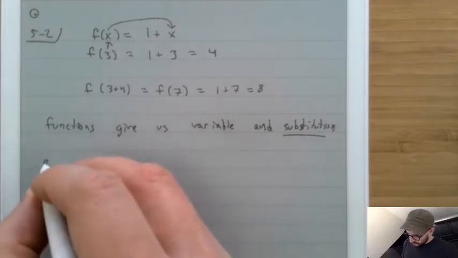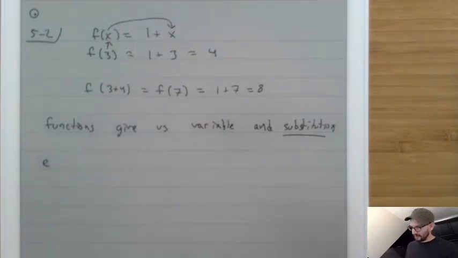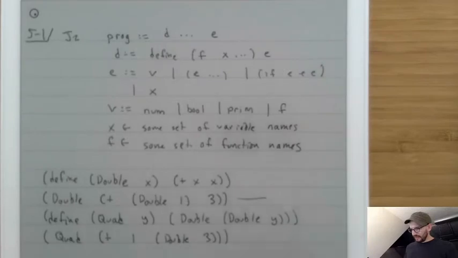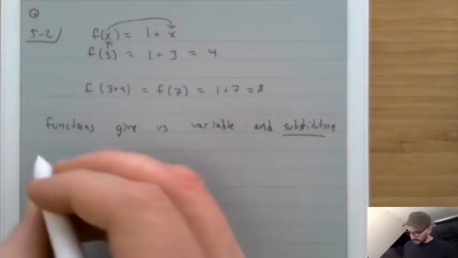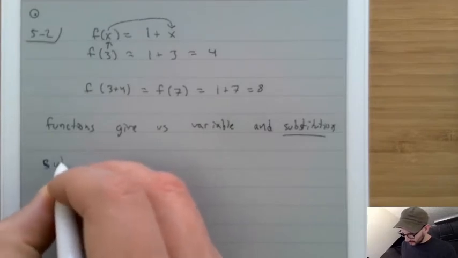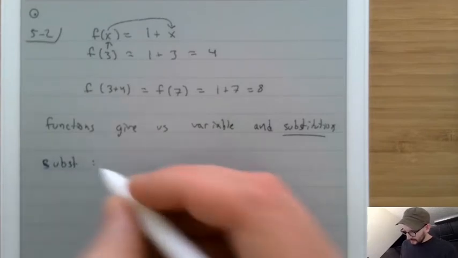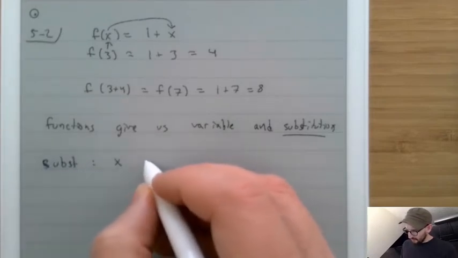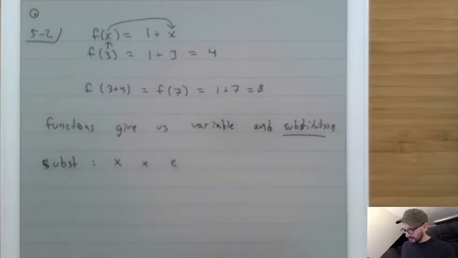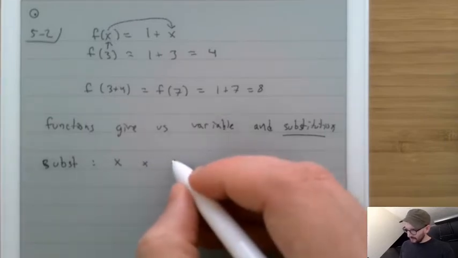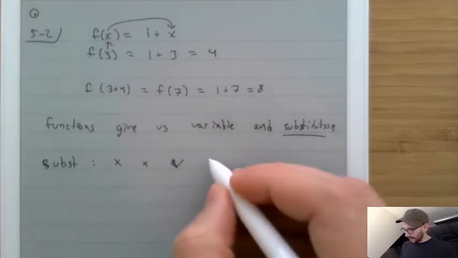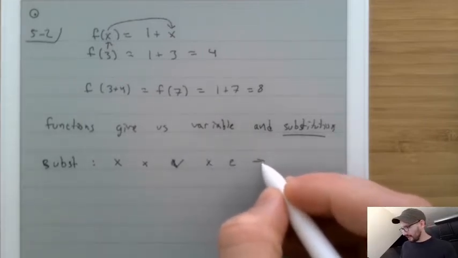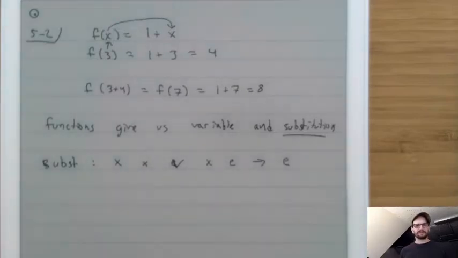Okay, so the first thing to do is to define exactly what this substitution operation means on our language. So recall, here's what our e's are. What we want to do is write a function called subst, and what it does is it takes a variable and a value, and an expression, and returns a new expression.